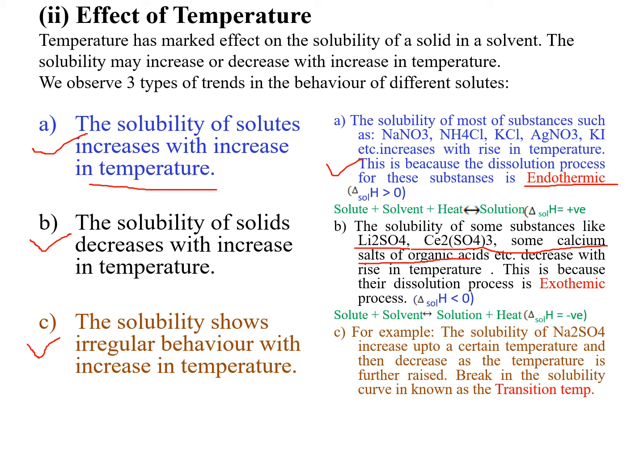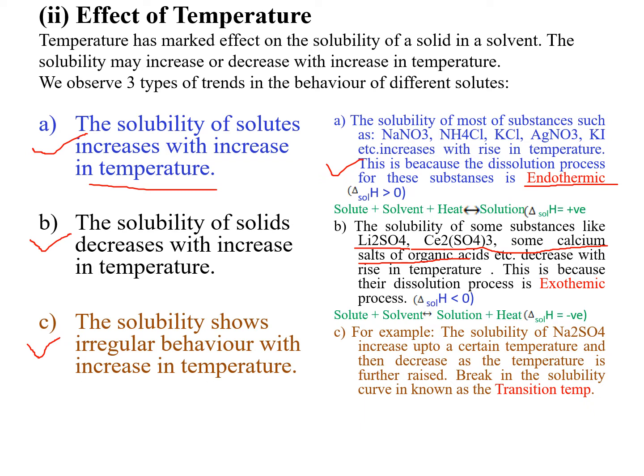We have discussed two types of substances: for some solutes, solubility increases with rise in temperature because their dissolution process is endothermic. For some solutes, solubility decreases on increasing the temperature because their dissolution process is exothermic. But there are some other solutes whose solubility shows irregular behavior with increase in temperature. Now let's see with an example.